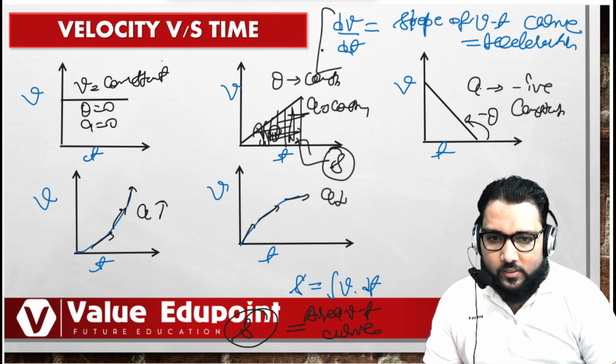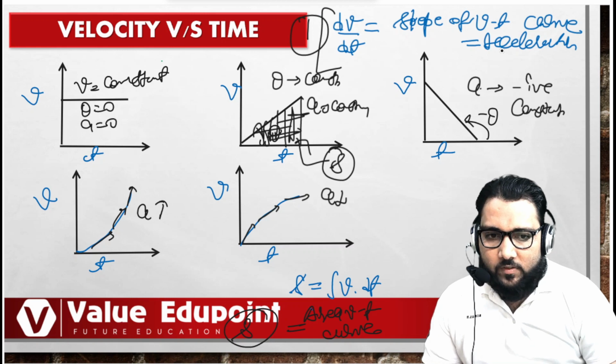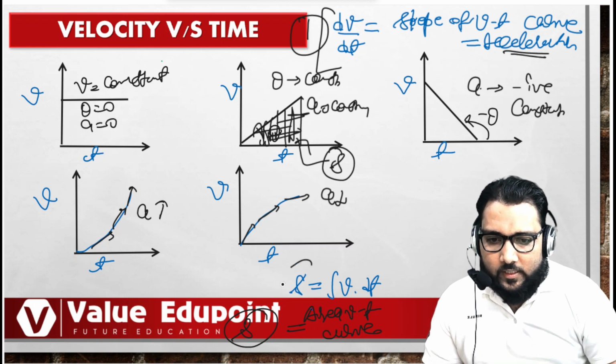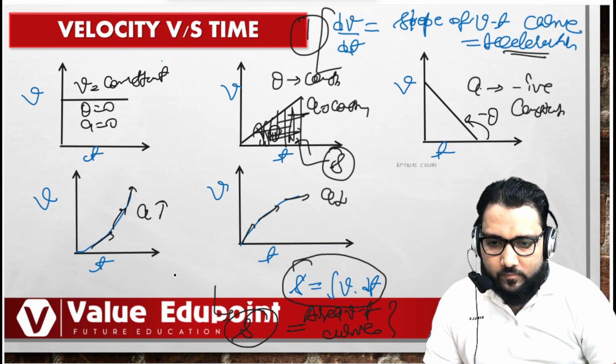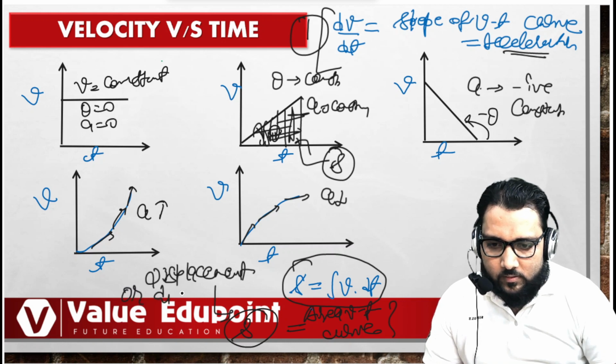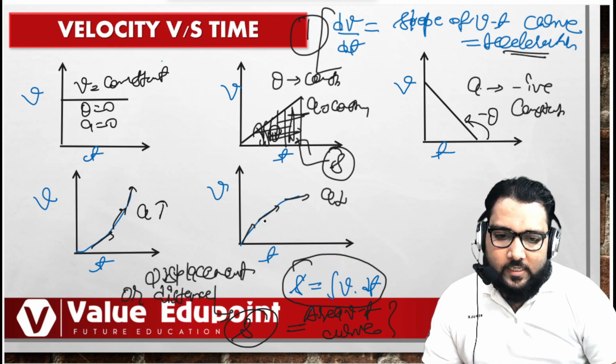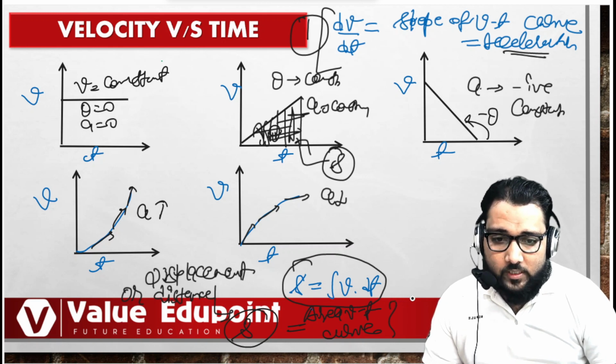The first one is the slope of the VT curve will give the acceleration, and the area under the VT curve will give the displacement or distance. Is it okay guys? So these are very important terms.